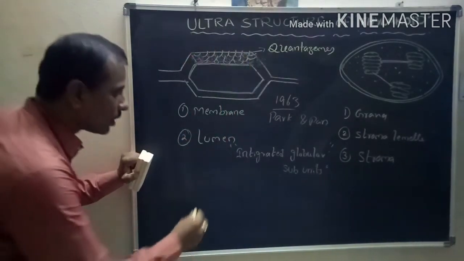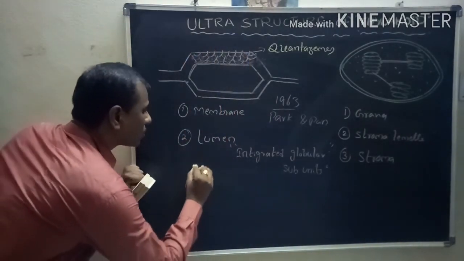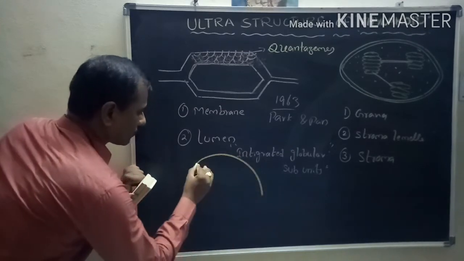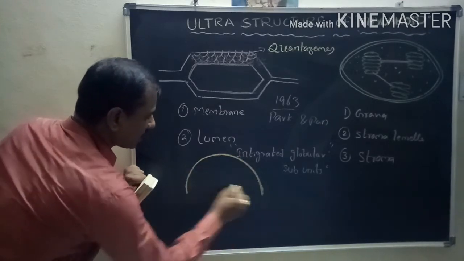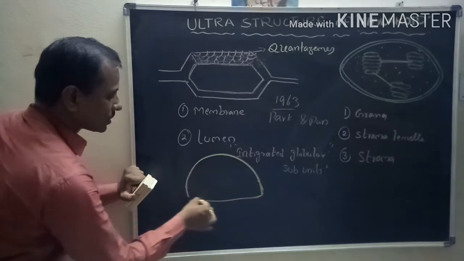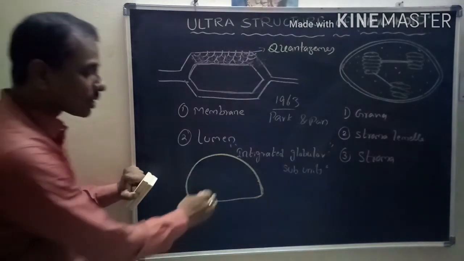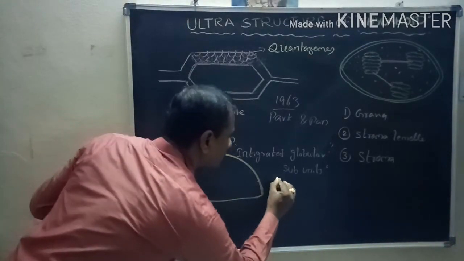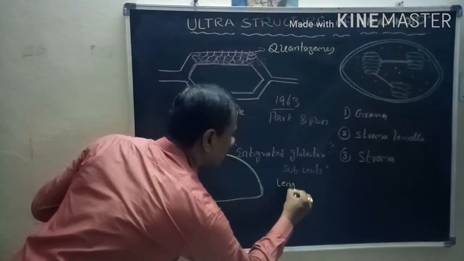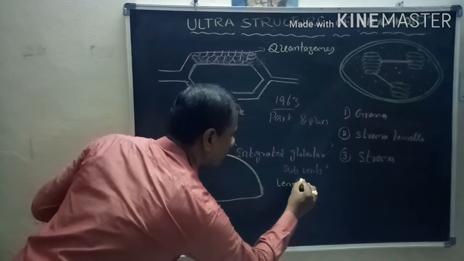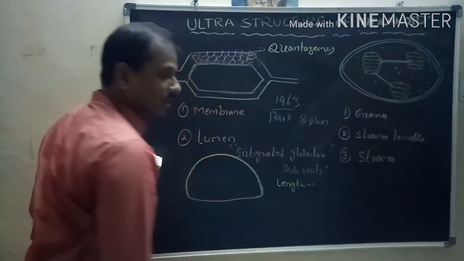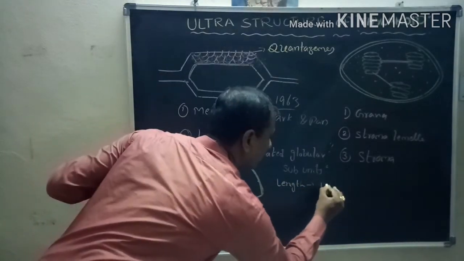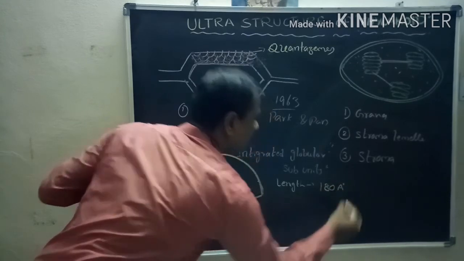First we learn what a quantasome is and what materials are present in it. This is a quantasome. The length of the quantasome is nearly 180 angstrom units.